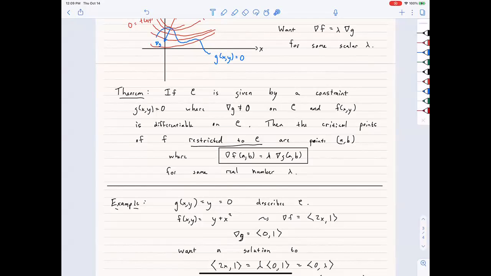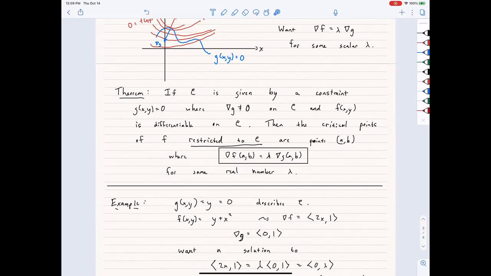But I don't believe in you guys enough to believe that if I give you a random function g, you'll be able to take that level curve and parametrize it. Because it's very hard to do. It may be impossible to do. But what Lagrange multipliers does not require is for you to parametrize.